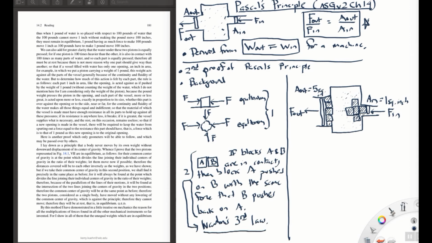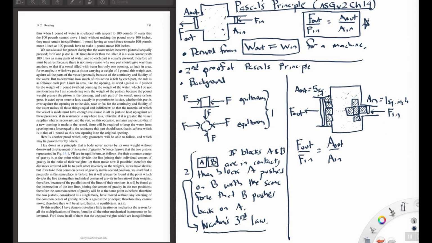Now, for this whole situation to be in equilibrium, the input force has to be related to the output force in a ratio of 1 to 5. That is, the force exerted on the output piston is to the force applied to the input piston in the same ratio as the output area is to the input area, by virtue of the fact that each of these 1 cubic inch parcels of fluid must be pushing on each other with the exact same force for the whole thing to be in equilibrium.